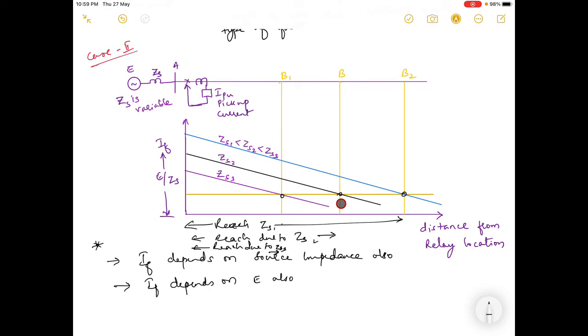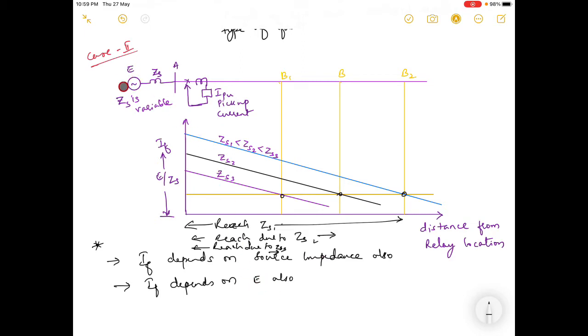Hence it is clearly evident that an overcurrent relay alone is not a suitable relay for protection of a transmission line. So we have to look at something which is not dependent on these parameters: the type of fault, source impedance, and the voltage E.